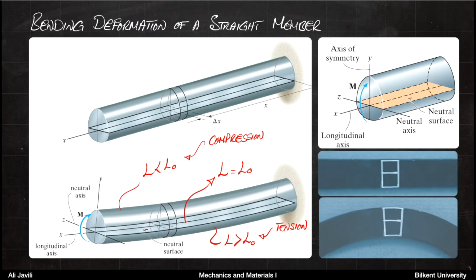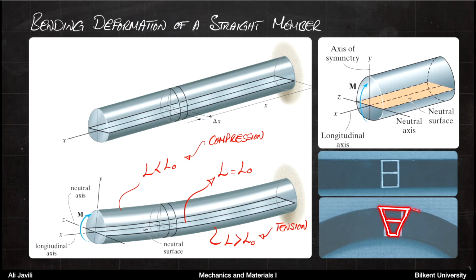So this concept, you can actually try it with a soft material. If you try to bend it, you can see that. So for instance, if you think of a little rubber pipe and you think of these three lines, that they have equal length at the beginning. After you bend this, and I exaggerate it a little, you see the lines deform like this.